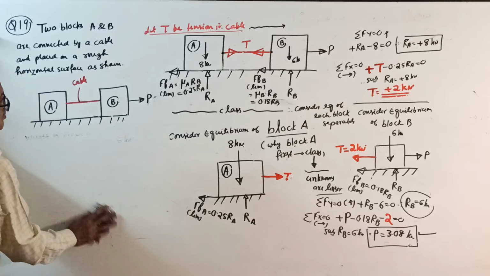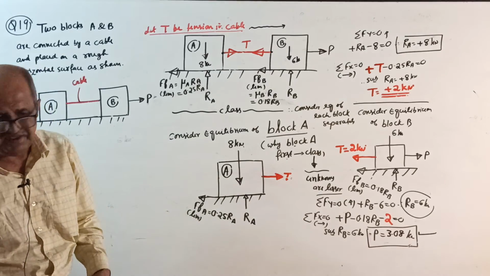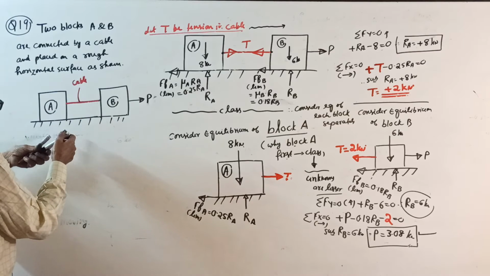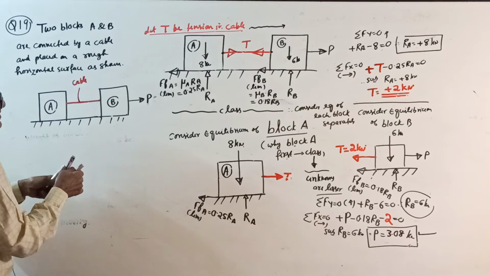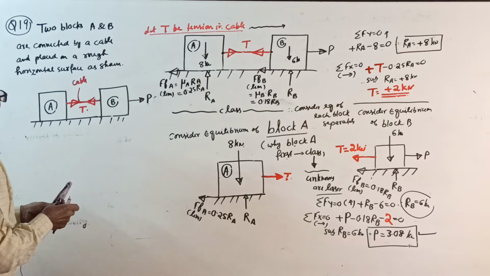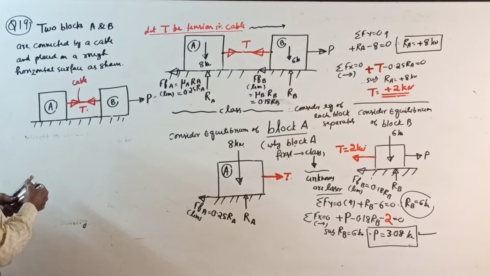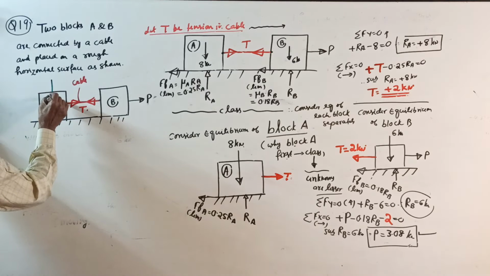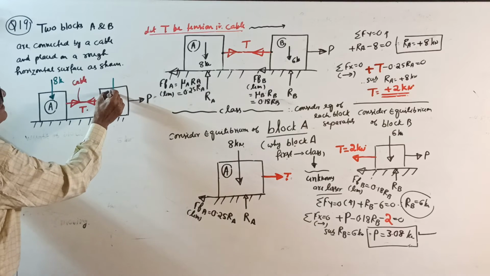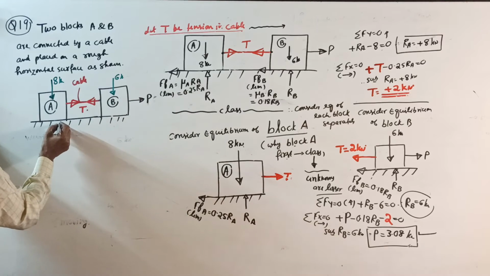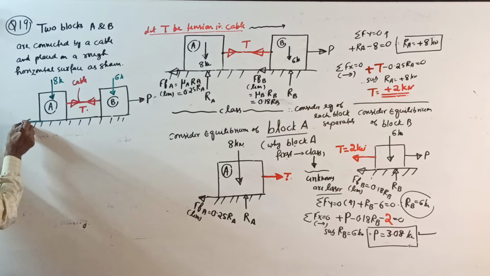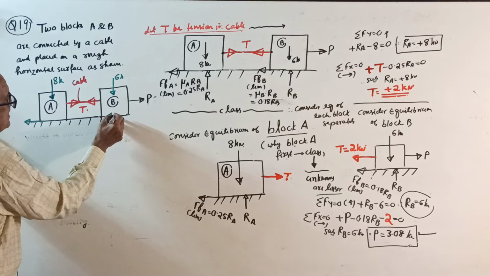With this, a calculator is not required. You put the sketch here. If it comes in a competitive examination, mark tension T. Don't waste time in competitive examination. Downward load of 8 kilonewton. This weight is 6 kilonewton. Then you apply P here, friction force here, and friction force here.